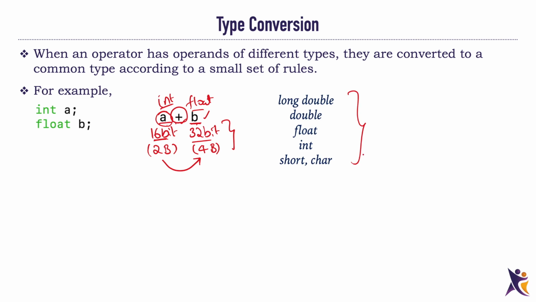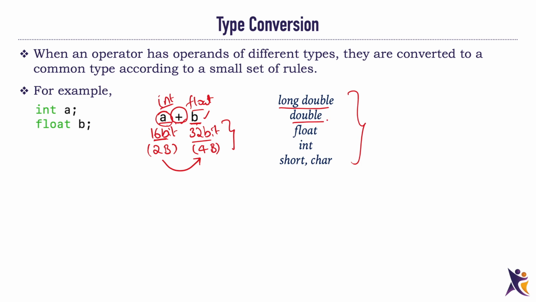Here is the list of data types in this hierarchy. What the compiler does is, in an expression it looks whether there is a long double type or not. If any long double type operand is there, then it converts all the other operands into long double and then evaluates the expression. Otherwise, that means if there is no long double operand in this expression, then it checks whether any operand is of double type.